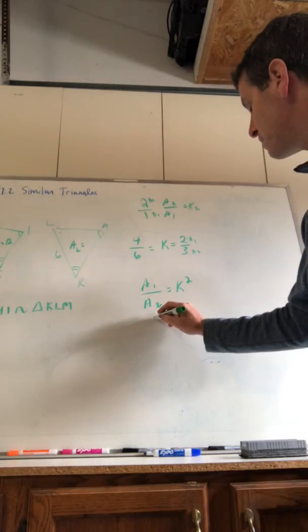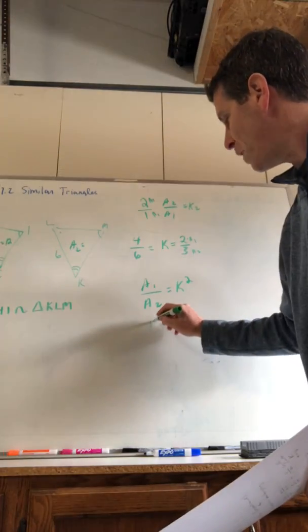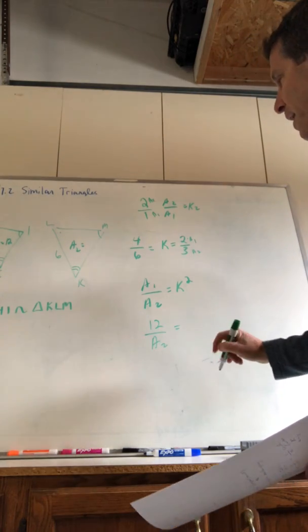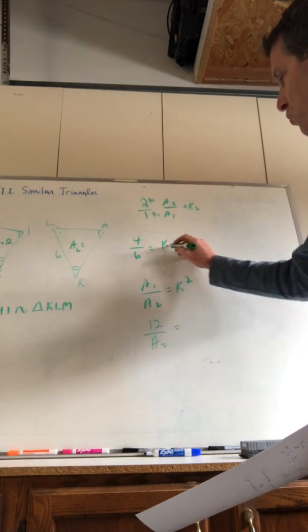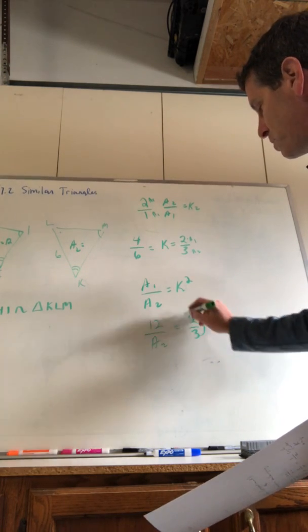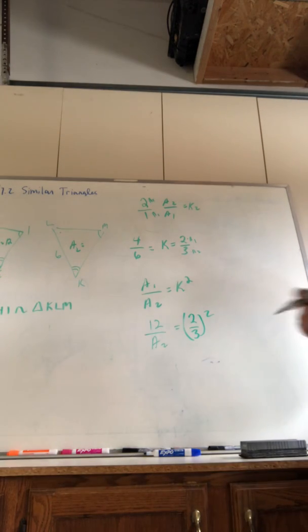So we can plug these numbers in here. The area of our first triangle is 12. We don't know what the second triangle is. And we do know our k, so we can sub that in. It's 2/3, and that is squared. So using our little formula, we can reverse engineer this.